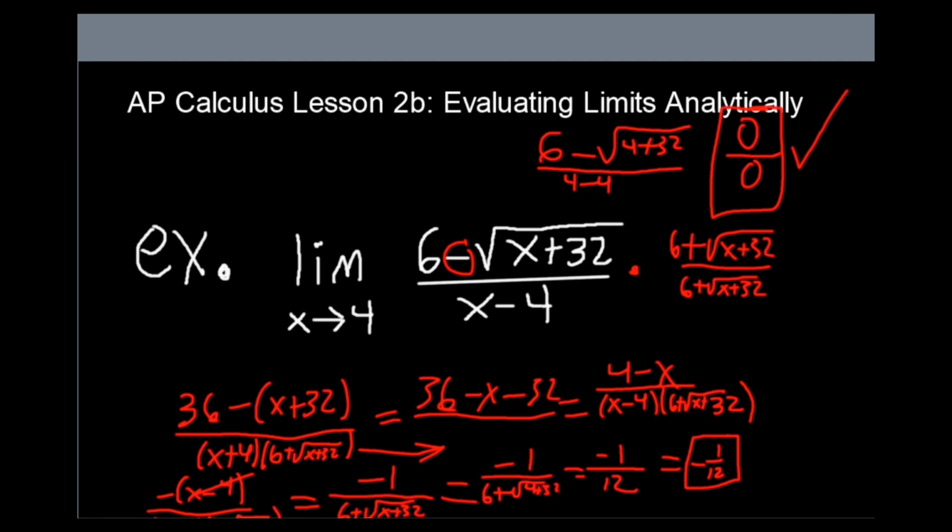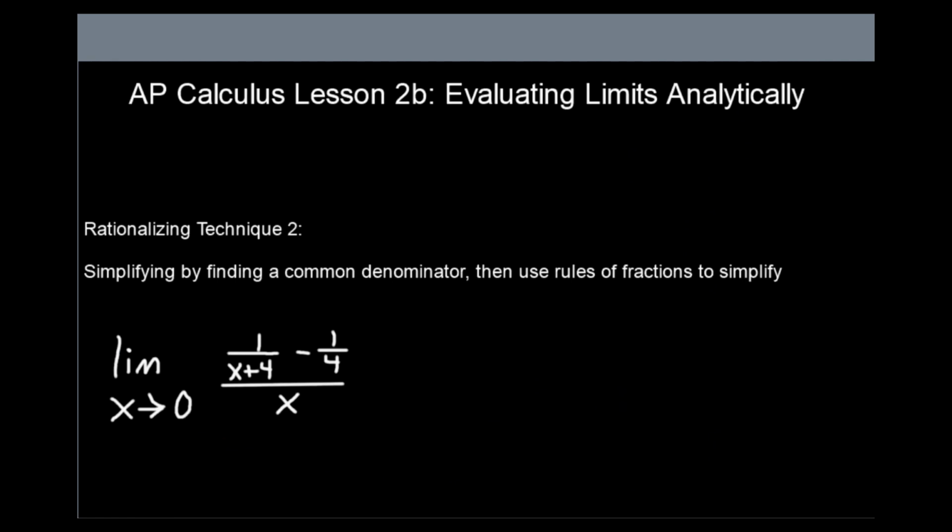Okay, so now it is time for our next rationalizing technique. This is simplifying by finding a common denominator, then using the rules of fractions to simplify. So, as you can see here, we have the limit of f of x as x approaches 0, and we have this as our equation, 1 over x plus 4 minus 1/4 over x.